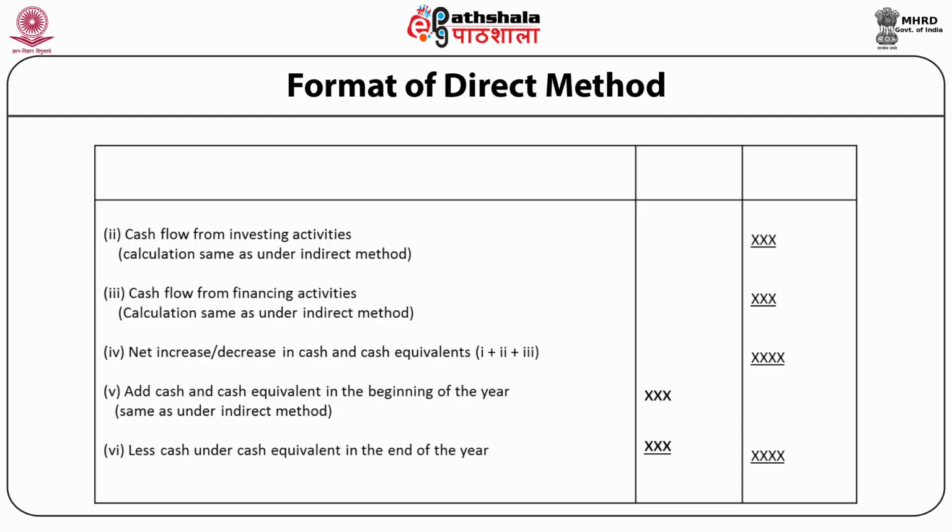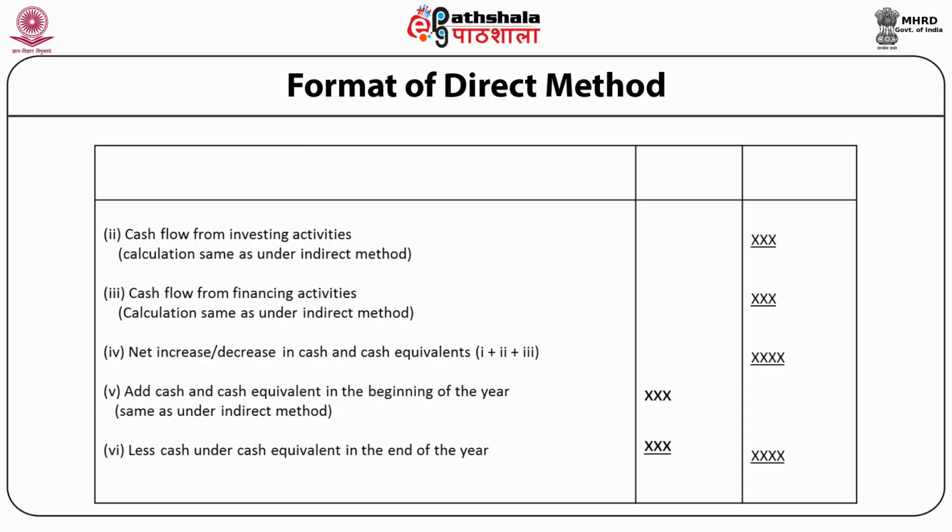Next, fourth part is net increase or decrease in cash and cash equivalents. We'll arrive at this amount by adding cash flow from operating activities and cash flow from investing activities and cash flow from financing activities and write this amount in the outer amount column.